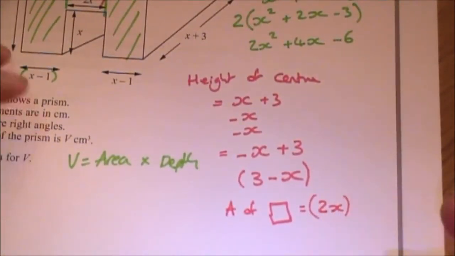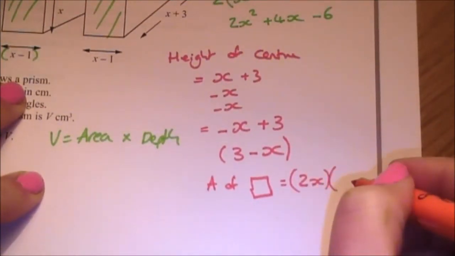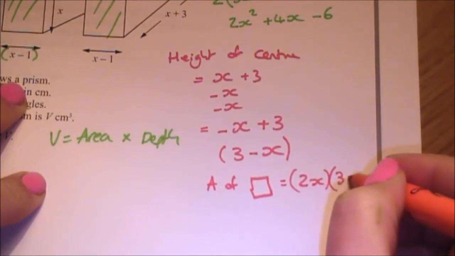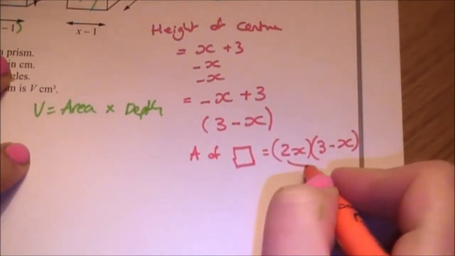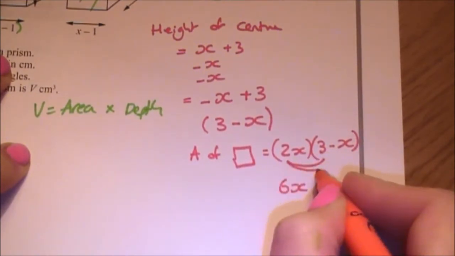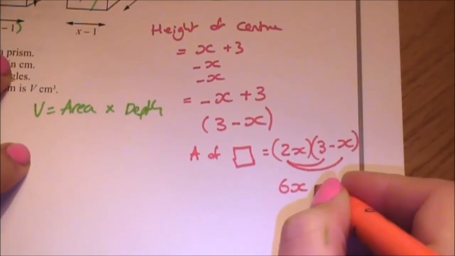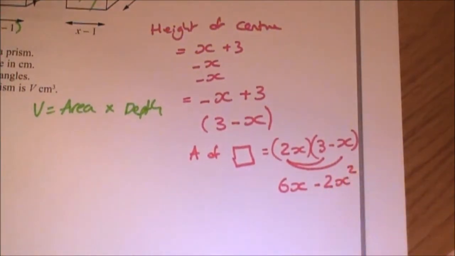If you want to group it up into a bracket, you can, but it doesn't really matter. 2x, and then I've got 3 minus x, so 2x times 3 is 6x. 2x times negative x is negative 2x squared.